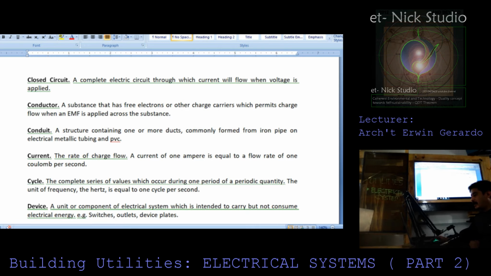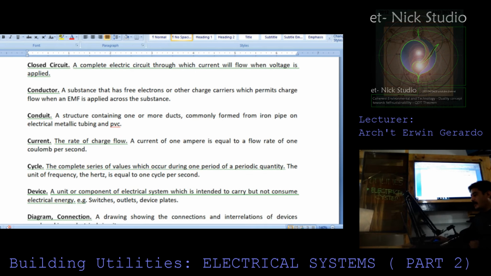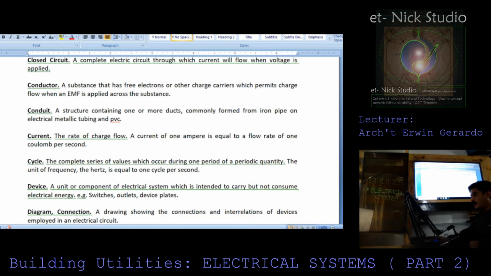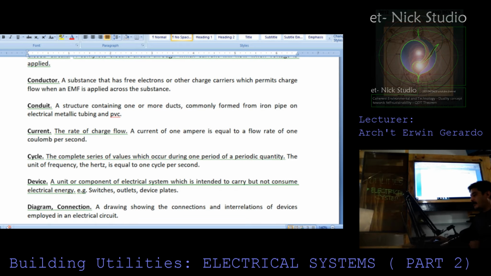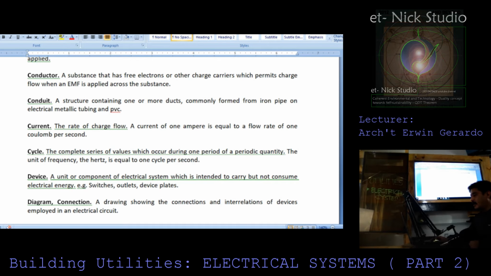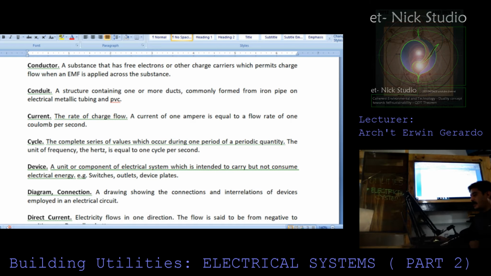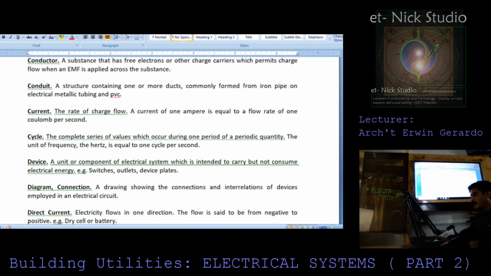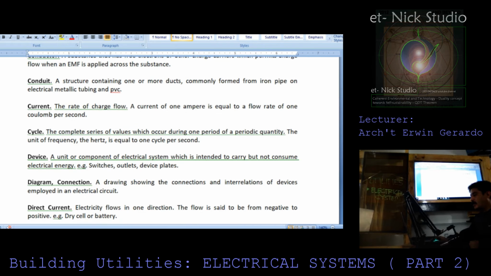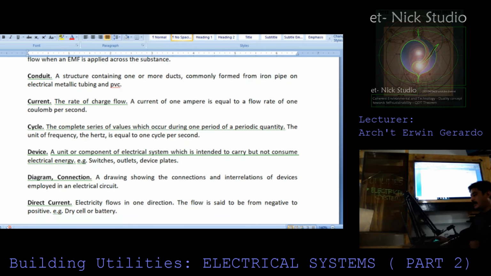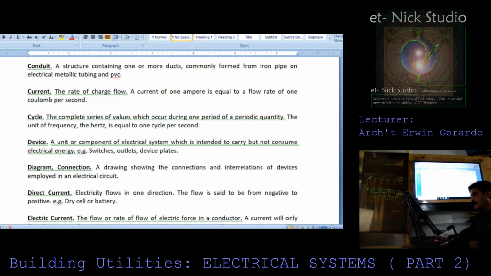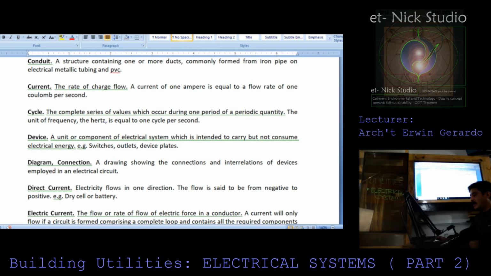Cycle is the complete series of values which occur during one period of a periodic quantity. The unit of frequency is the hertz, which is 1 cycle per second. Device, a unit of a component or electrical system which is intended to carry but not consume electrical energy.